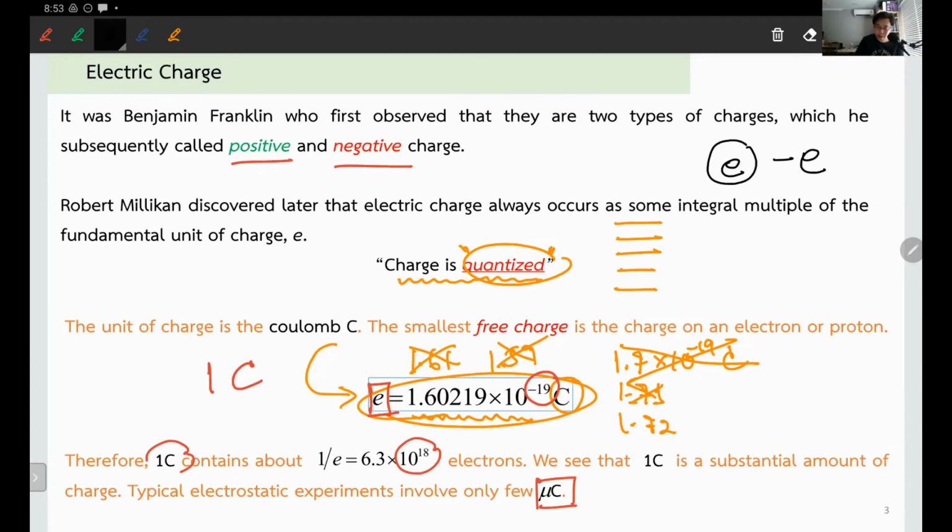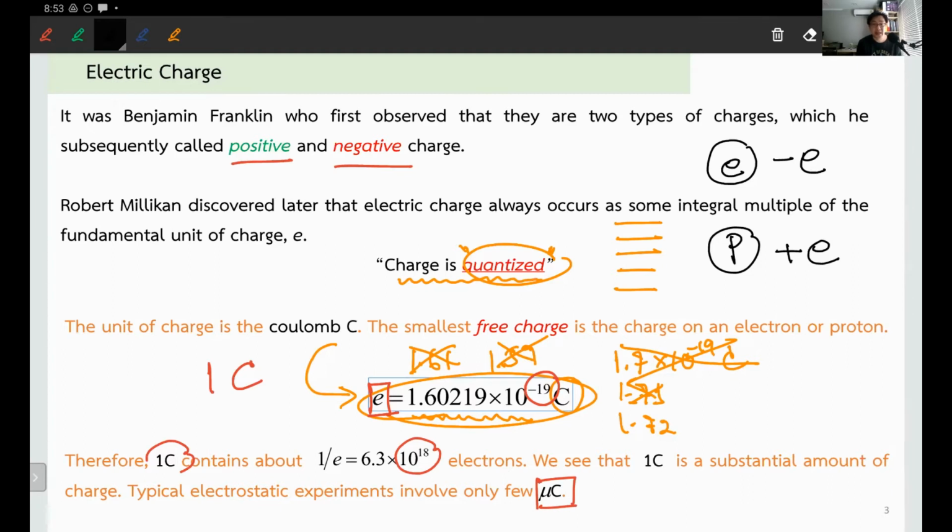Think of it that way. And if you have a proton, which is another kind of charge, it is positive. It turns out it has a positive E charge. Okay, you guys with me? So E is representing a number, and then you just add the sign to indicate whether it is a negative charge or a positive charge.